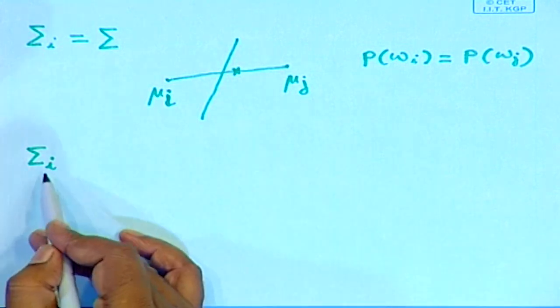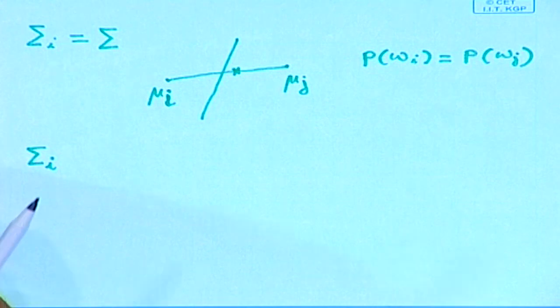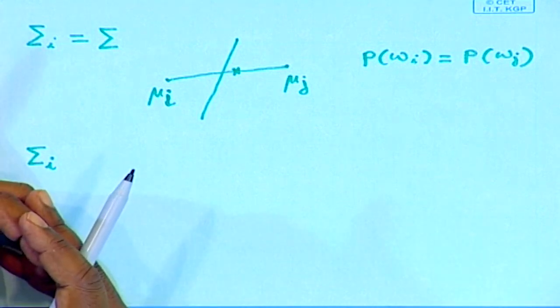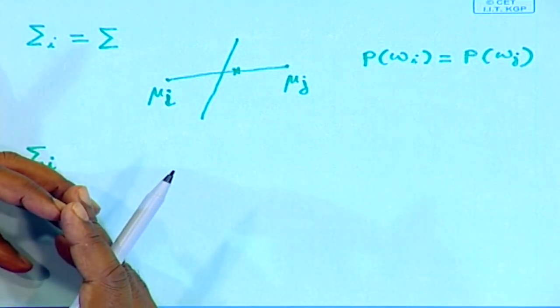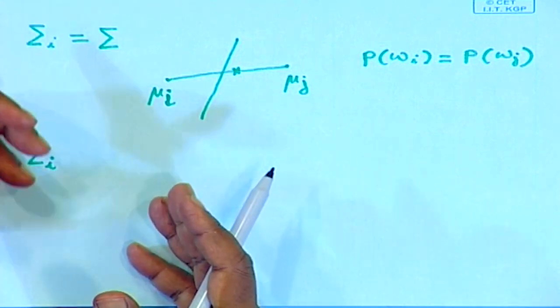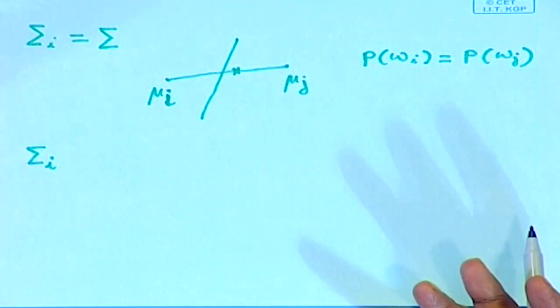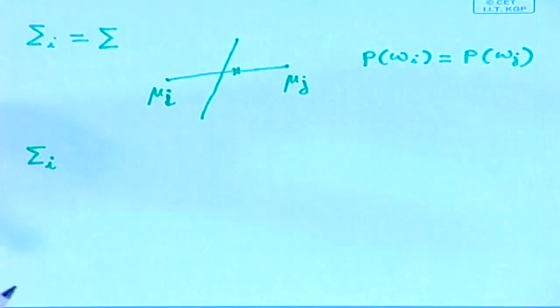In this case, the points belonging to different classes will also form hyperellipsoidal spaces, but these spaces may not have the same shape or the same size. So they will have different shapes as well as different sizes, but the points belonging to the same class form a hyperellipsoidal space.